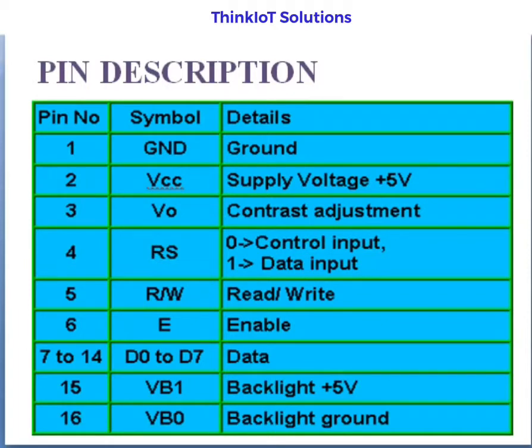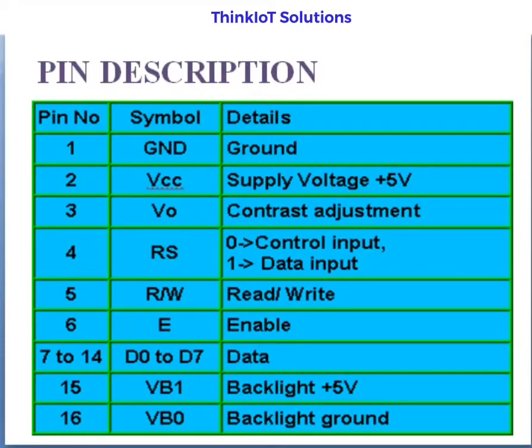Fourth pin is register select, to select the command register or data register. Fifth pin is the read and write pin. As we are performing a write operation on the LCD, we will be configuring this fifth pin to ground. Sixth pin is the enable pin, which is used to enable the data lines of the LCD.